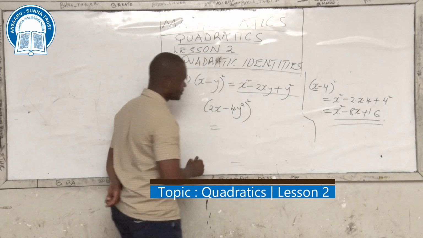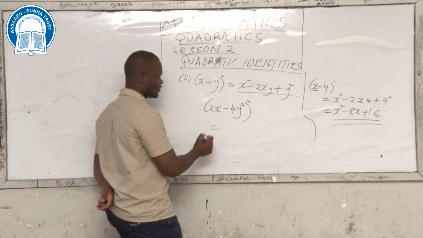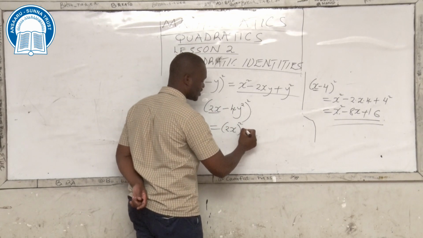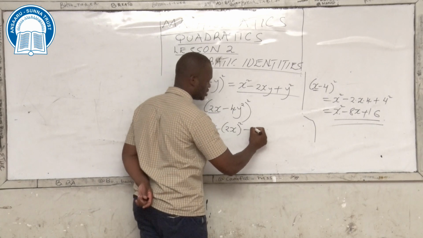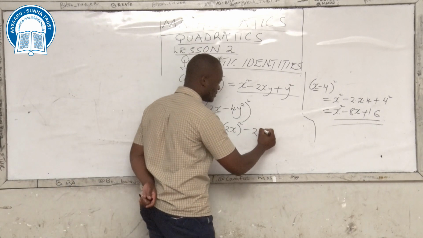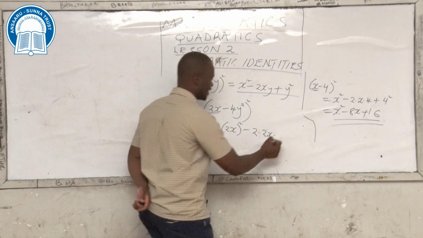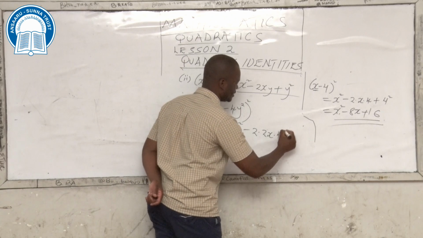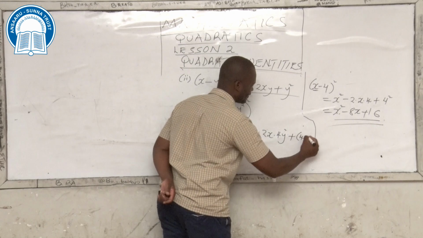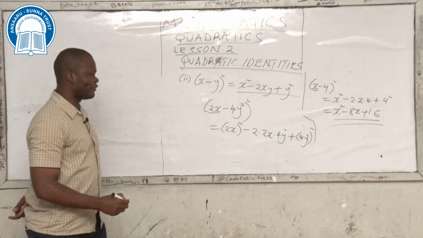The outcome will again be achieved in 2 steps. We take 2x, square it, minus the constant 2 times the first term in that bracket times the second term in that bracket, plus the square of our second term given by 4y squared.